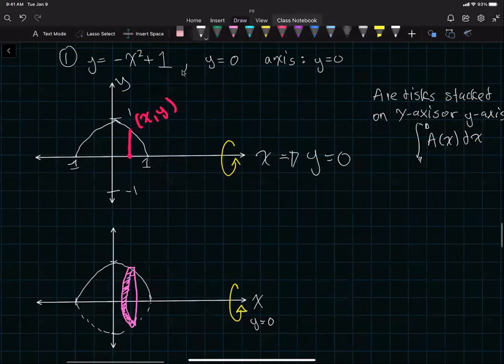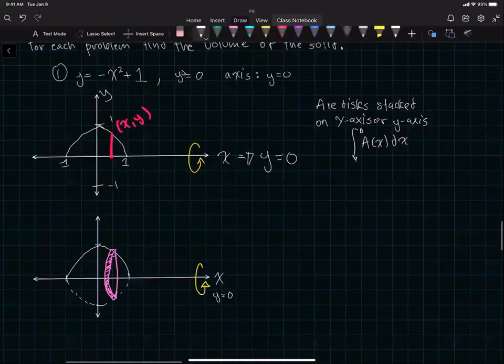So now let's go ahead and plug in our different answers. So this is going to be from -1 to 1. The area, we're using a cylinder. So this is going to be pi r squared and then dx. And now we can go ahead and make this easier on ourselves.